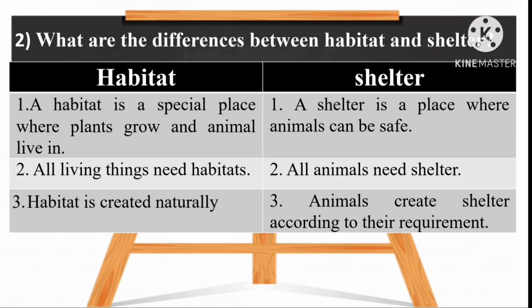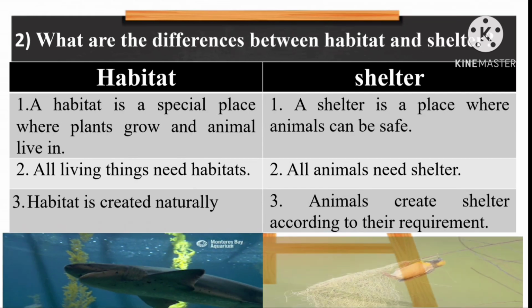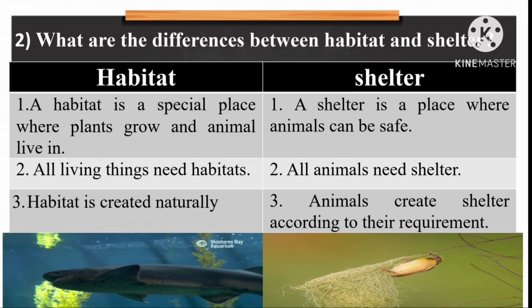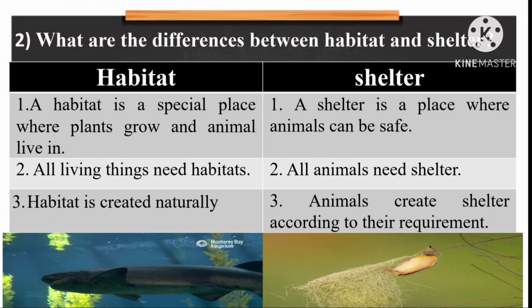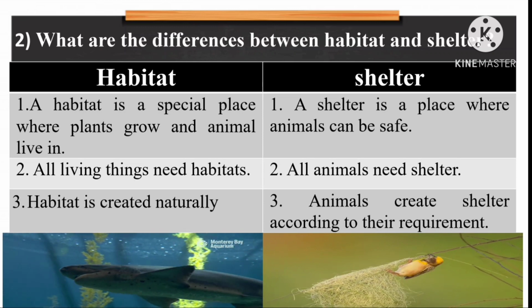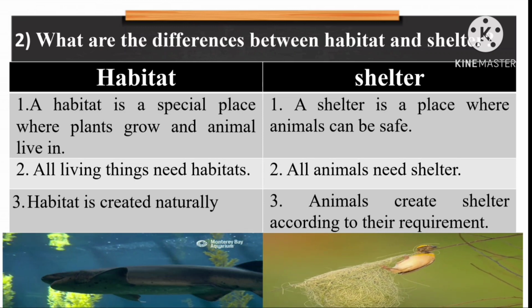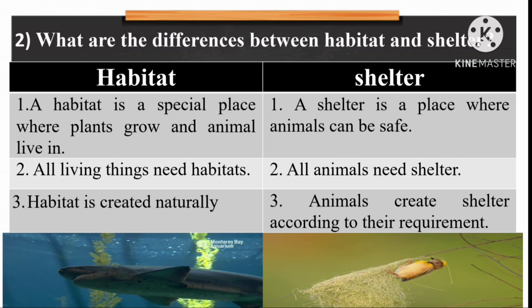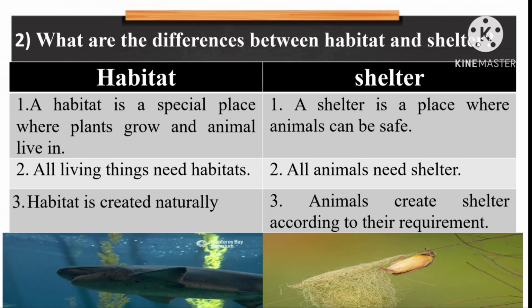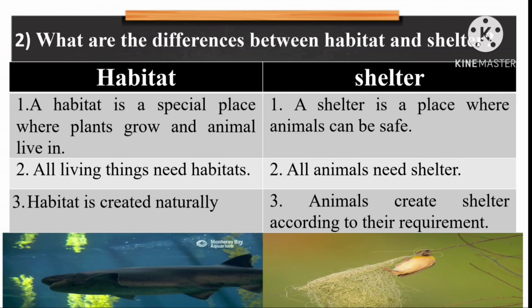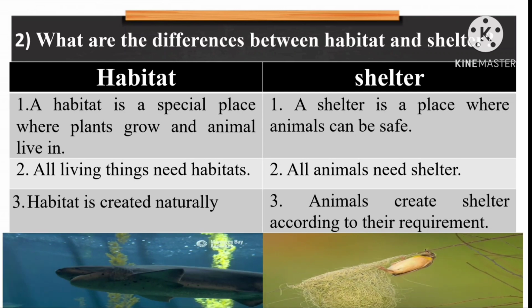So if you see the pictures, first picture shows that a fish lives inside water where it gets everything it needs. So water is the habitat for the fish, but the fish cannot survive on the land because it cannot live here. This is not the habitat of the fish.